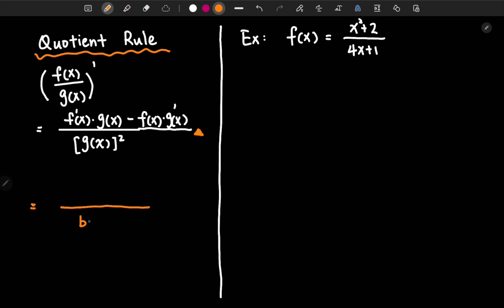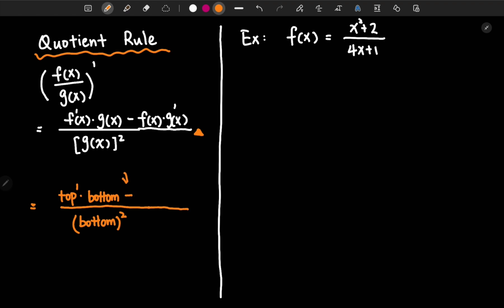On your denominator, you're going to have the bottom function squared, and on the top, you're going to have the derivative of the top function first, times the bottom function, minus.